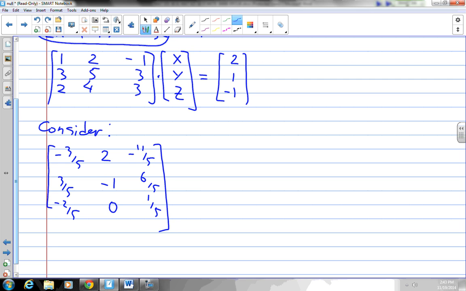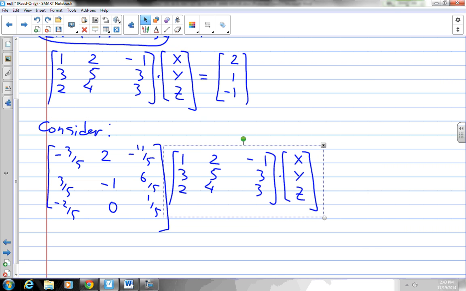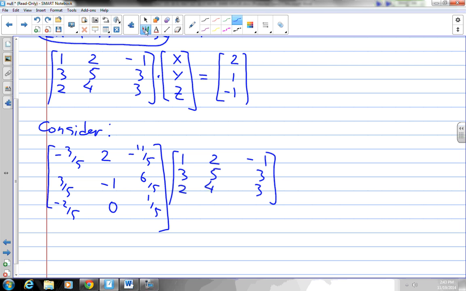Okay? Now I want to do something here. I want to take this matrix and multiply this by this little matrix without the x and y. Let's do that.